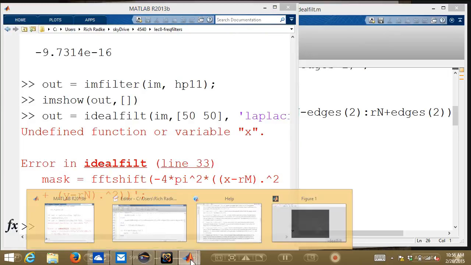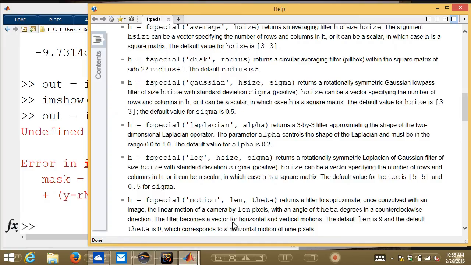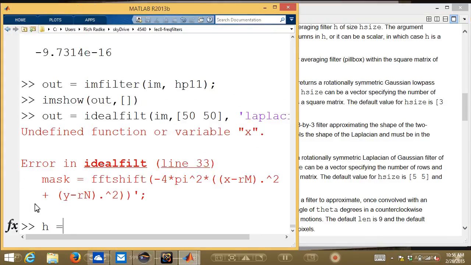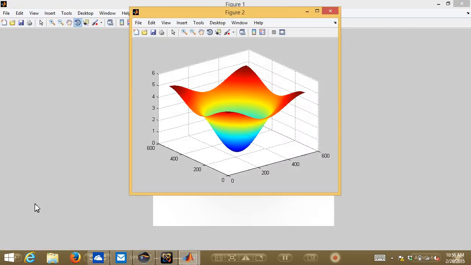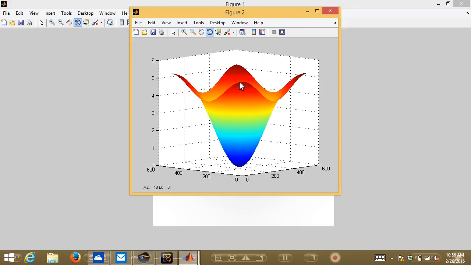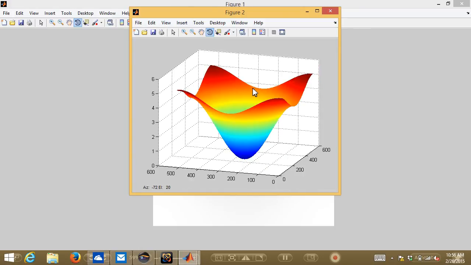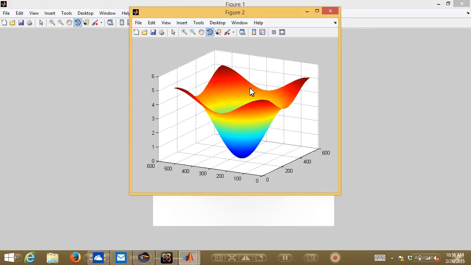Well, again, let's not make this any harder on myself, because there's a Laplacian here that gives me a Laplacian shape. So if I were to say H equals fspecial Laplacian, and now I were to look at the Fourier transform of this guy, I see that indeed it does look like a parabola that keeps on going up. And again, the only reason this doesn't look like a total parabola is because it's getting cut off by the edges and because it's an approximation to the true Laplacian.